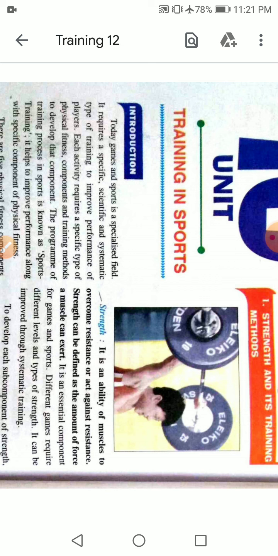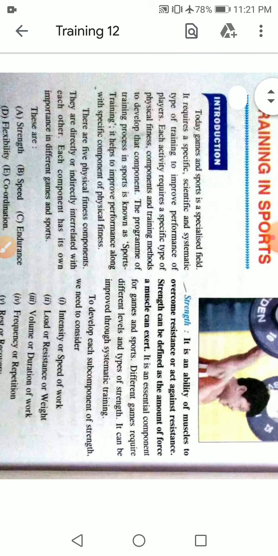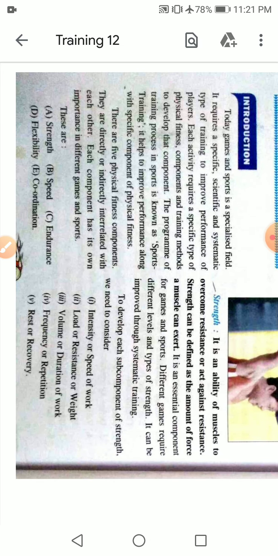With the help of sports training, it helps to improve sports performance along with the components of physical fitness. There are 5 components of physical fitness: strength, speed, endurance, flexibility and coordinative ability.